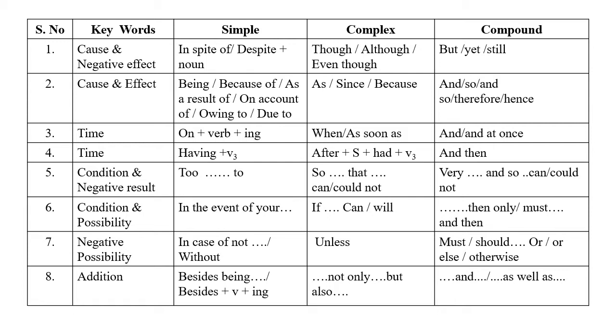Negative possibility: in case of not or without, unless, must or should, or else, otherwise. Addition: besides being or besides plus verb plus ing, not only but also, and as well as. These are all keywords to recognize the type of sentence.